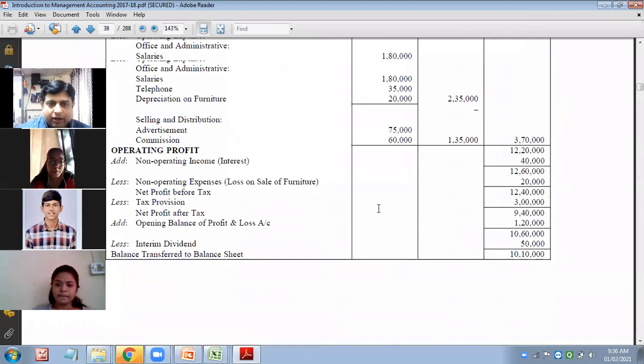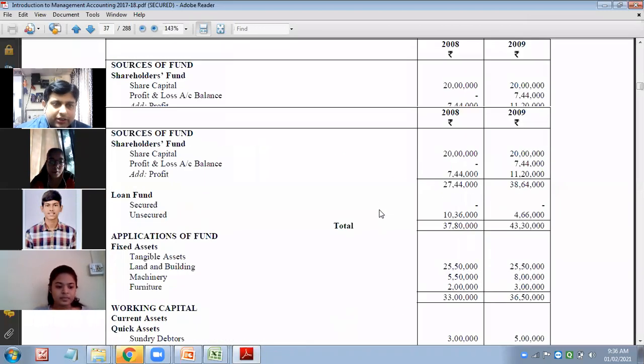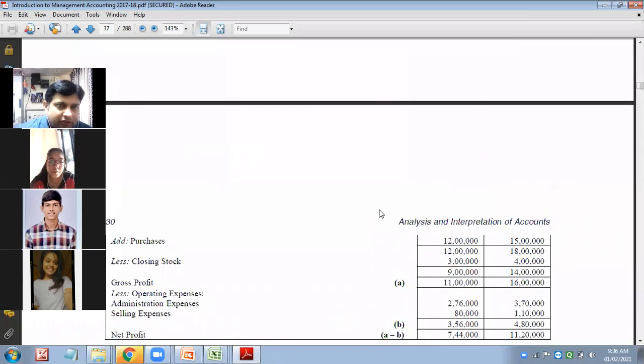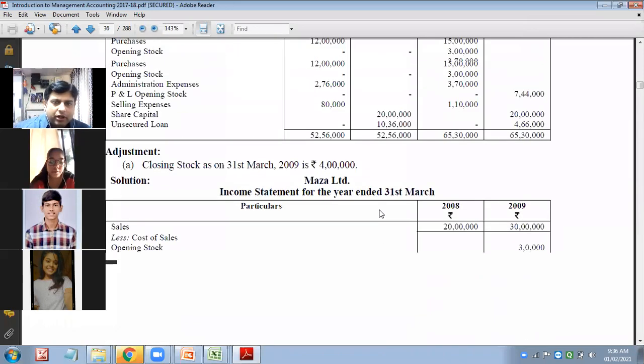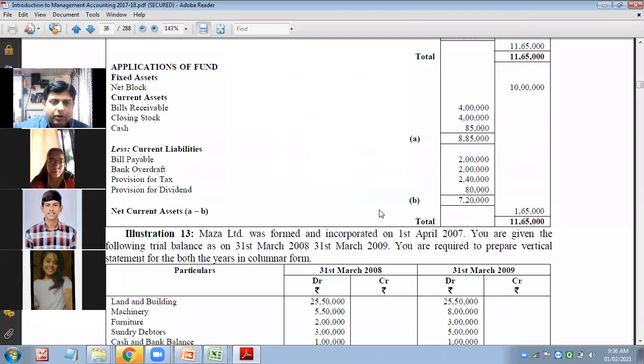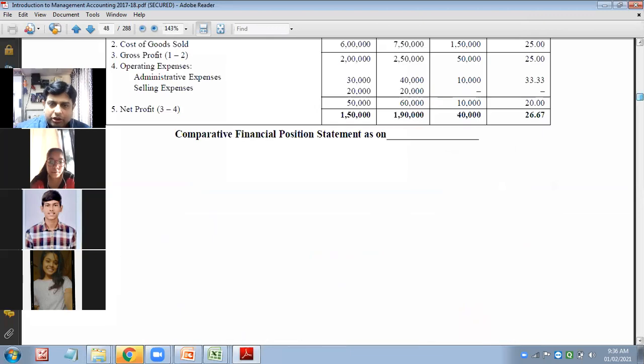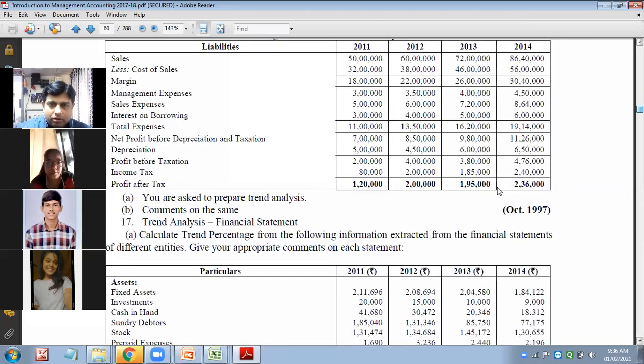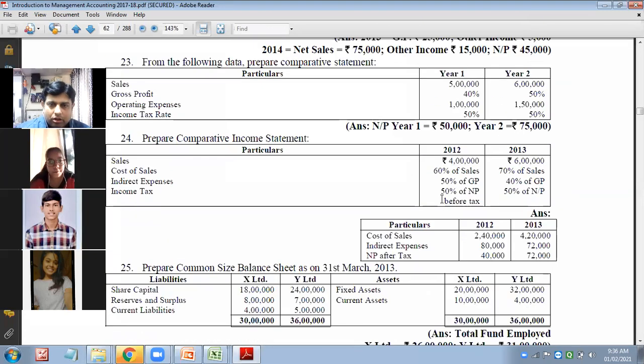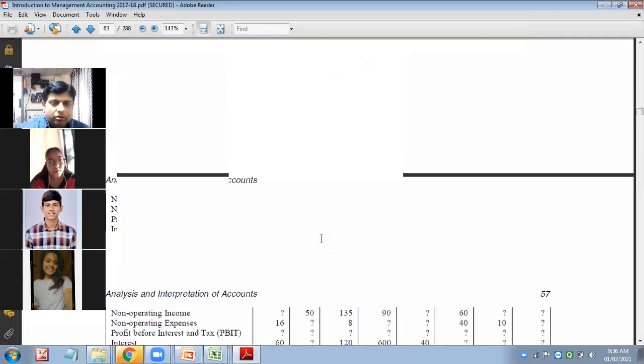But first you understand the basics, and the basis of everything is the vertical statement. Once you are thorough with the vertical statement, things are very simple for you. And there are unsolved questions also. Do those questions also.